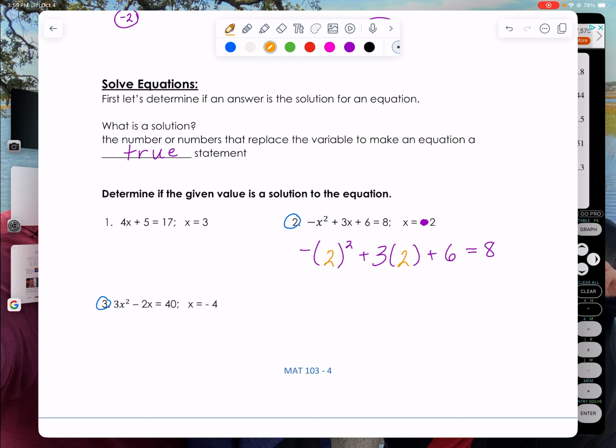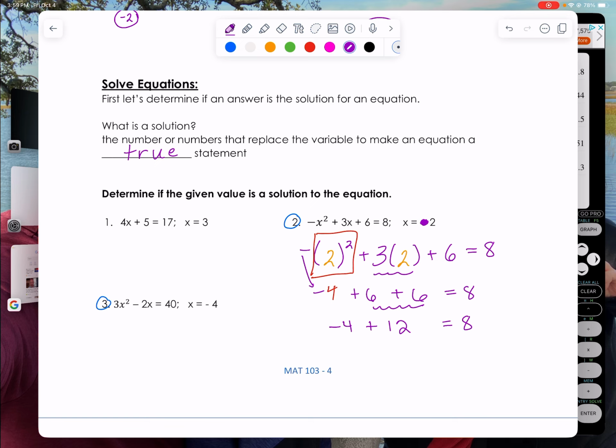Now remember, we're going to do the squared first, so that's going to give me 2 squared is 4, and I bring my negative down. So that's going to give me a negative 4, and then 3 times 2 gives me a plus 6, and then plus another 6 equals 8. Let's see if this is true. Negative 4, I usually just add those 2 6s together since they're the same, positive 6 and positive 6.